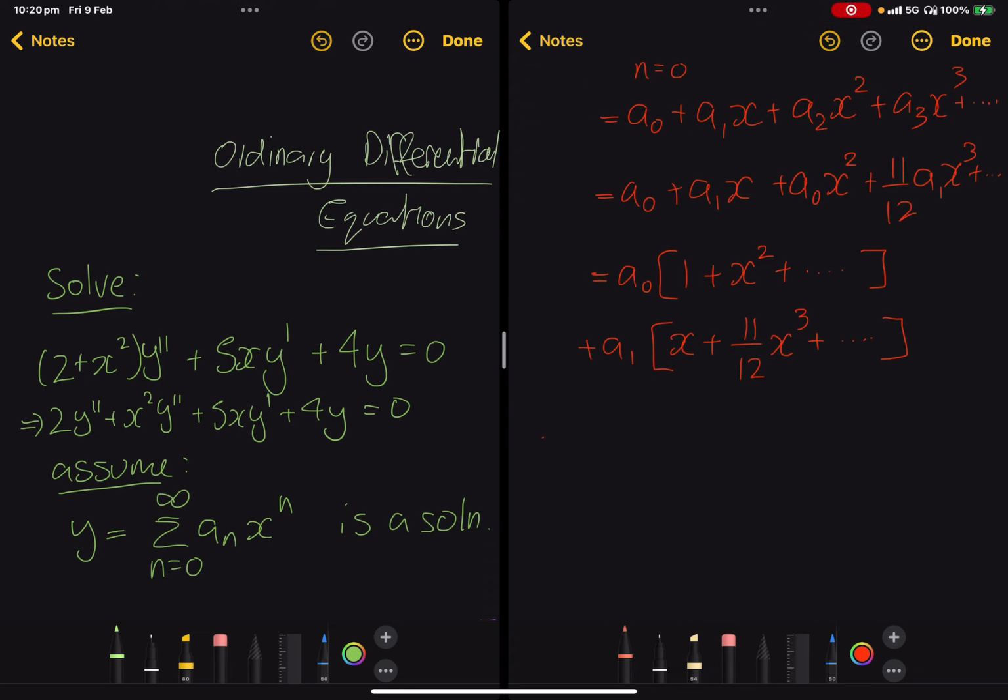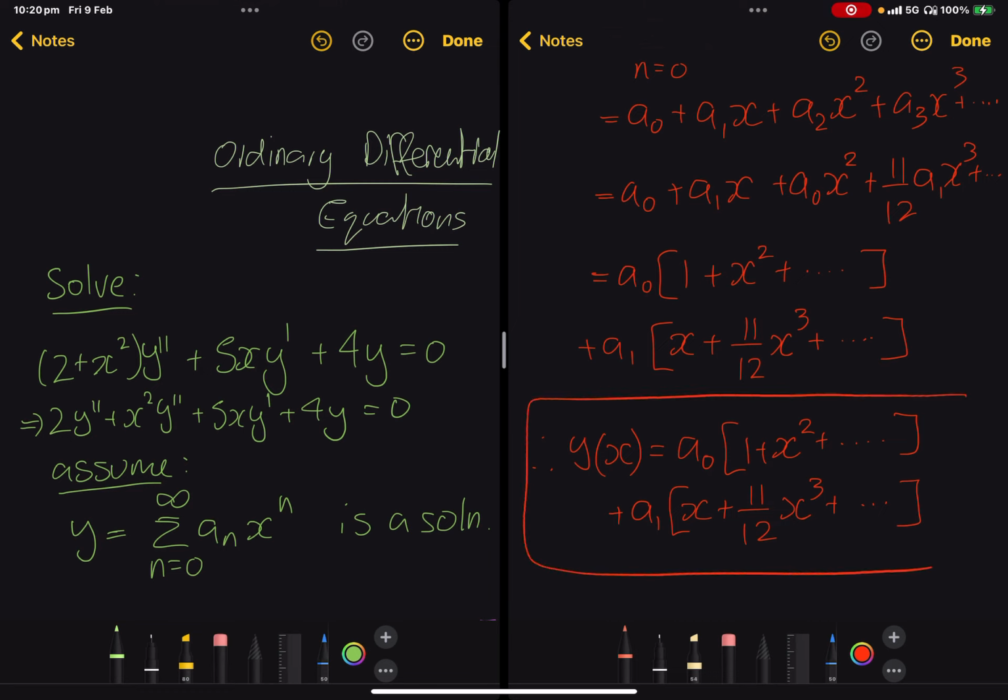So therefore, our series solution, y of x, is a0 times some infinite series 1 plus x squared plus dot dot dot. You could find more terms of this if you want. We don't need them here, but you could. Plus a1 times x plus 11/12 x cubed plus dot dot dot, and so on. And so this is the solution form that we're after in this particular question.